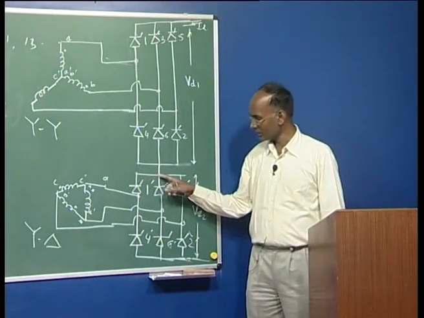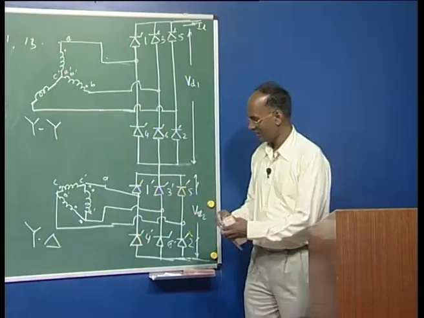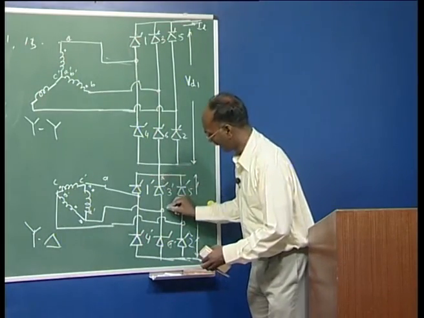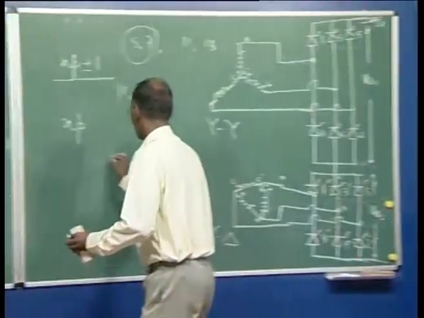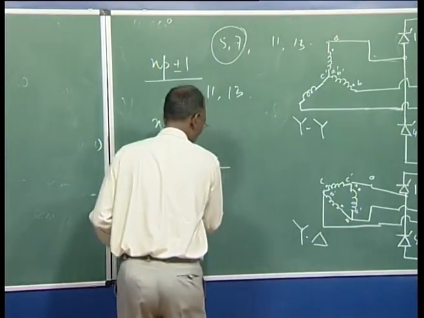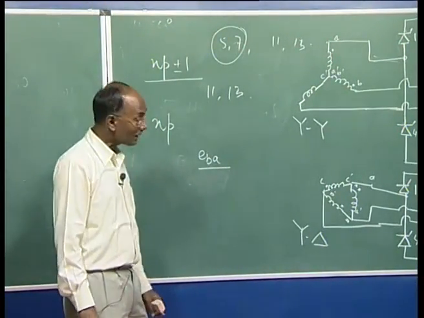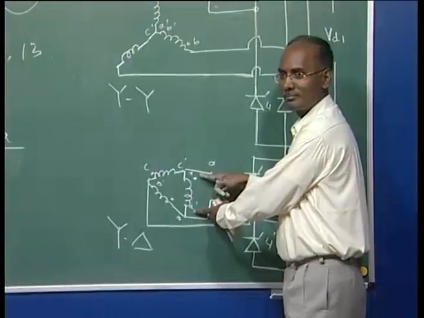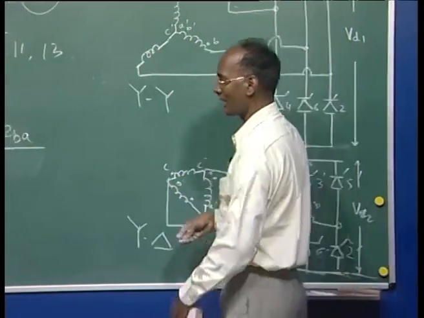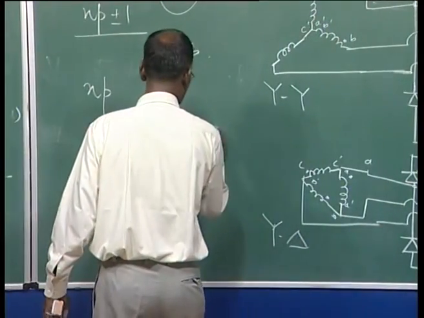So 1 here is A, here it is B, which means you require EBA to be positive. What is EBA here? It is nothing but minus EA.